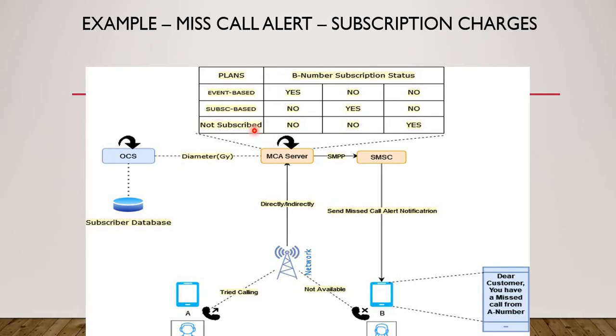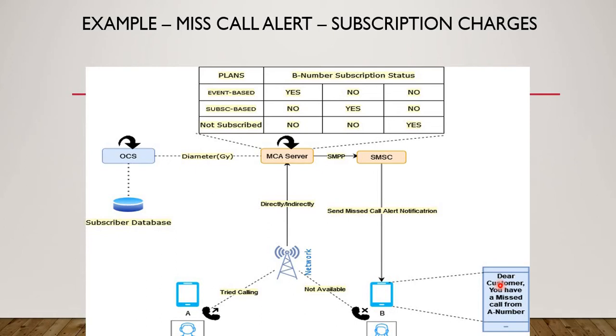And the third option is not subscribed. In not subscribed also there is a relevance why I put this particular case, where the user is not subscribed to event based, nor subscribed to subscription based services, but he is not subscribed to any of the services. In that case also there is a possibility where the MCA server can send a promo notification to B saying that, dear B customer, you have a missed call from XXXX number, the masked number.